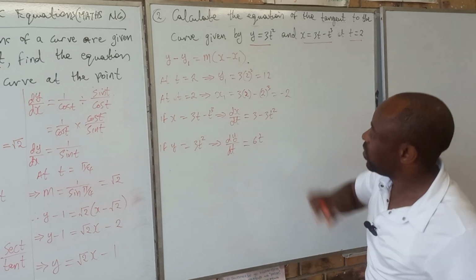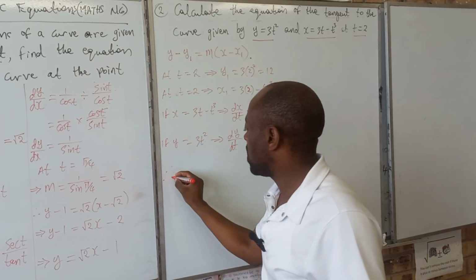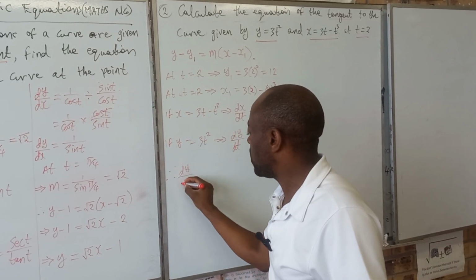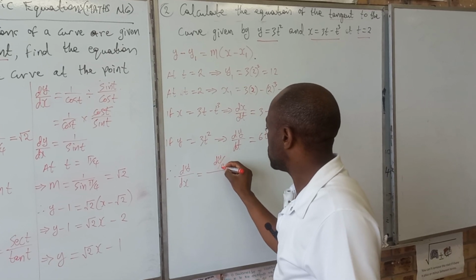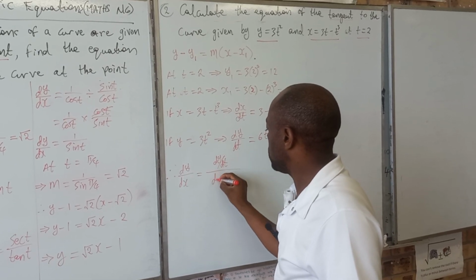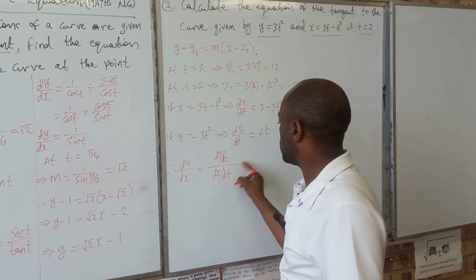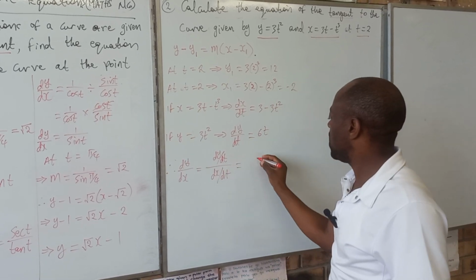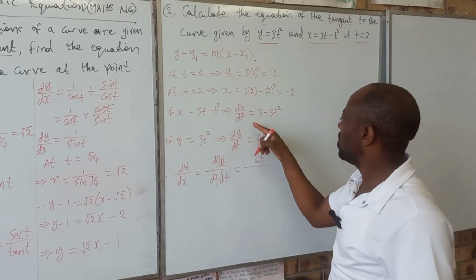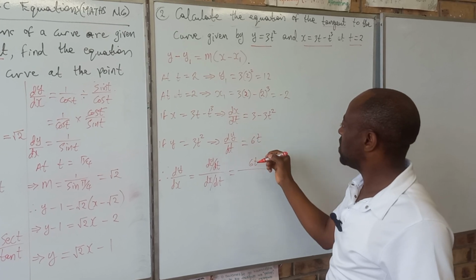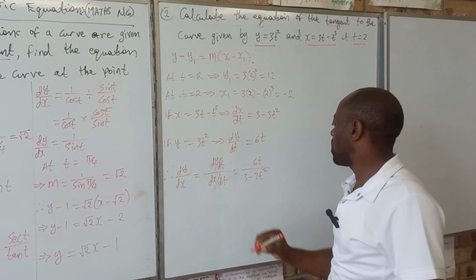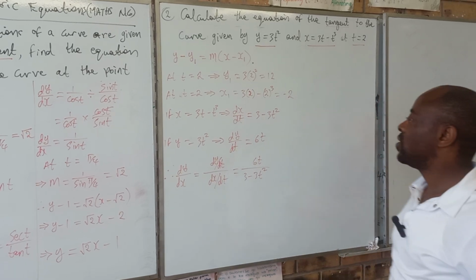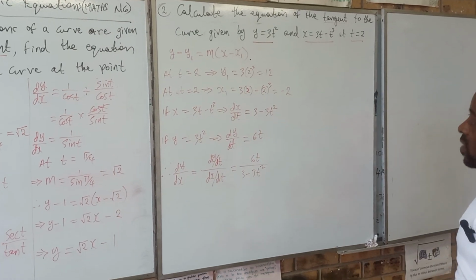Since I'm done with those two derivatives, I can now look for dy over dx, which is the derivative of y with respect to t divided by the derivative of x with respect to t, and that gives me 6t divided by 3 minus 3t squared. So that's my dy/dx.